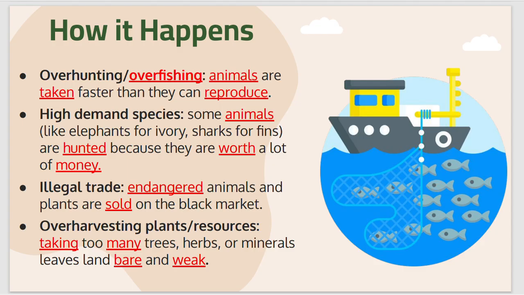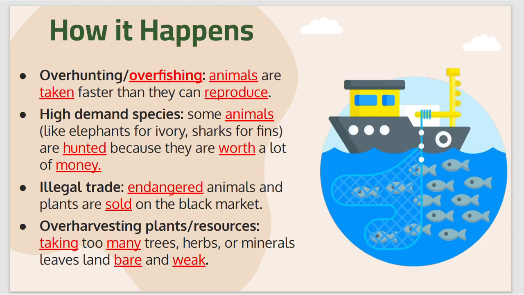So examples of this is ivory from elephants or the fins from sharks. And essentially these organisms are hunted and overhunted because they are worth a lot of money. They have something rare, they have something of value, and so they get overexploited, overhunted to try to get that rare or highly sought after aspect of them.